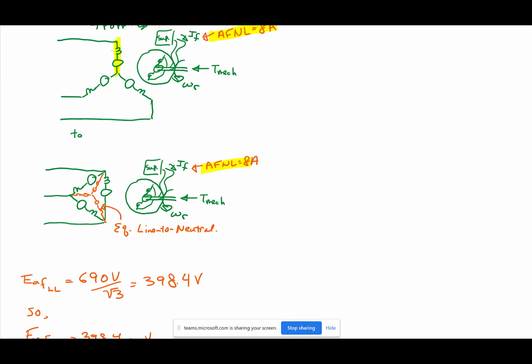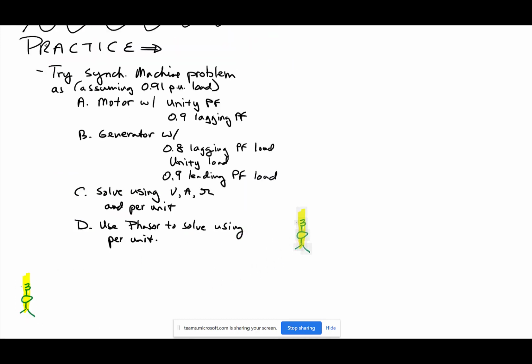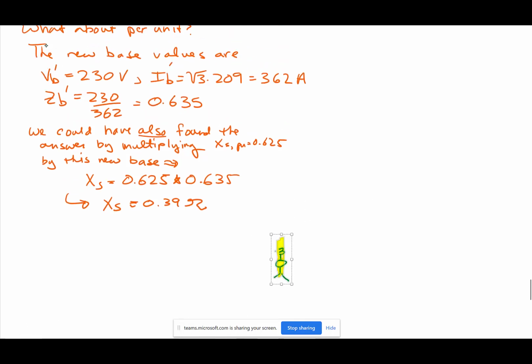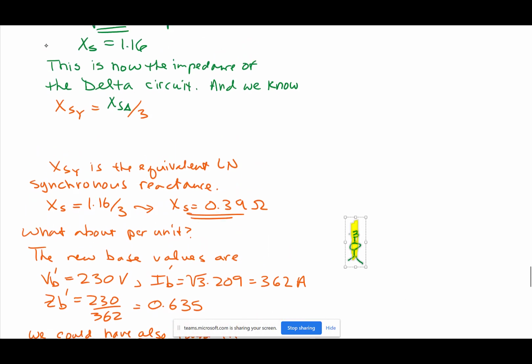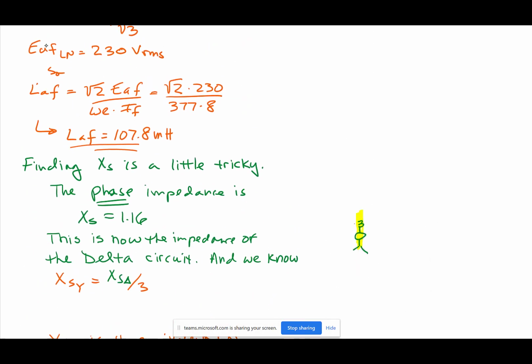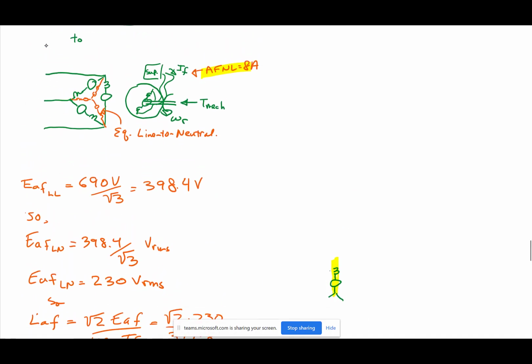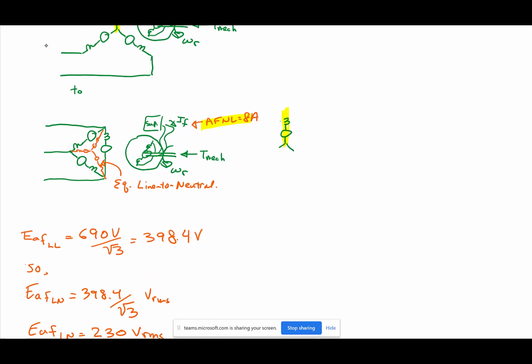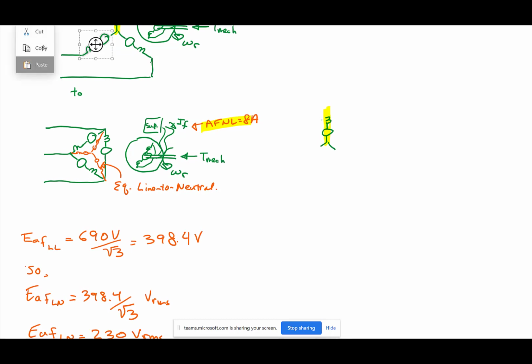It's kind of like I've got one of these, say phase A, and I'm going to take this phase here and connect it up here like that, and so on.